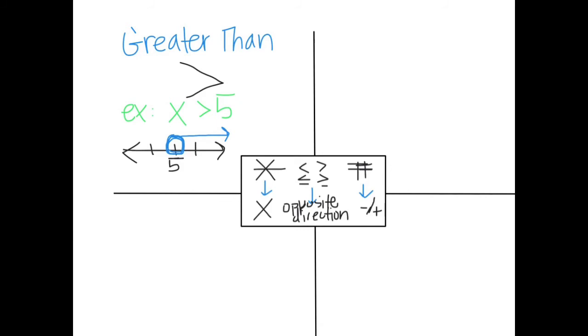But because there is no line underneath, it's not greater than or equal to, I have to leave this an open circle because this says that the answer x is greater than 5. It does not include 5. So I show that by leaving an open circle, and then I graph to the right. What you'll start to notice is if you always have your x first, this arrow here will tell you exactly the direction that you need to make your arrow in. That only works now if x is over here.